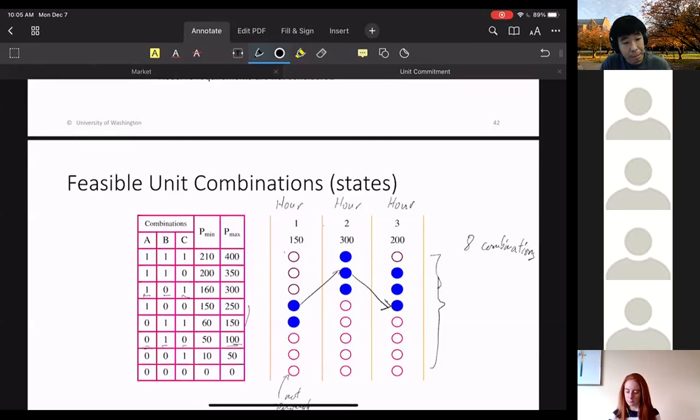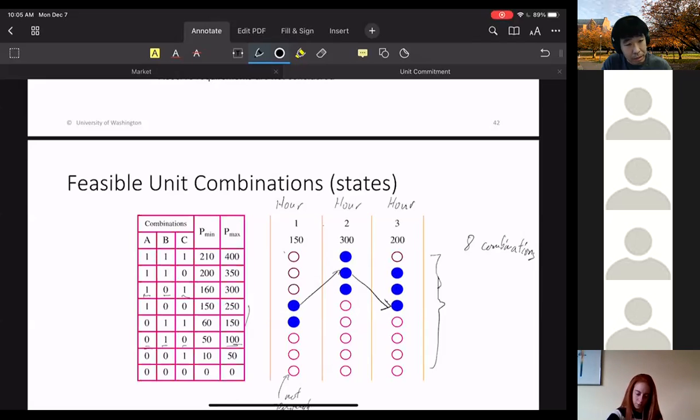Okay? What this path means is in hour 1, we'll take this combination of 100, we'll transition to 110 for time 2, we'll transition to 100 again for time 3. So this is our example of a possible solution.